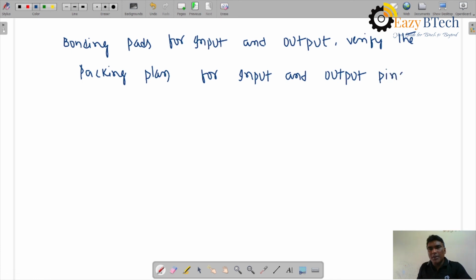After verification of all these things, it will be submitted for fabrication according to the designer's specification. Fabrication is done, then the bonding pads and packing plans for input and output, then the product will come out, right?